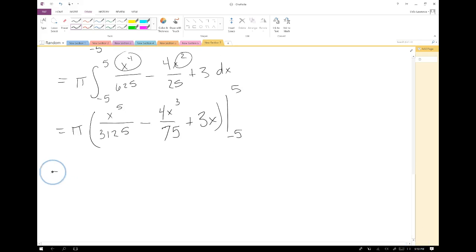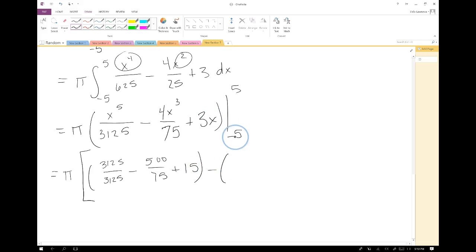If we start with our positive 5, we need to do 5 to the 5th, which is 3125, over 3125, minus 5 cubed, which is 125, times 4, over 75, plus 15.